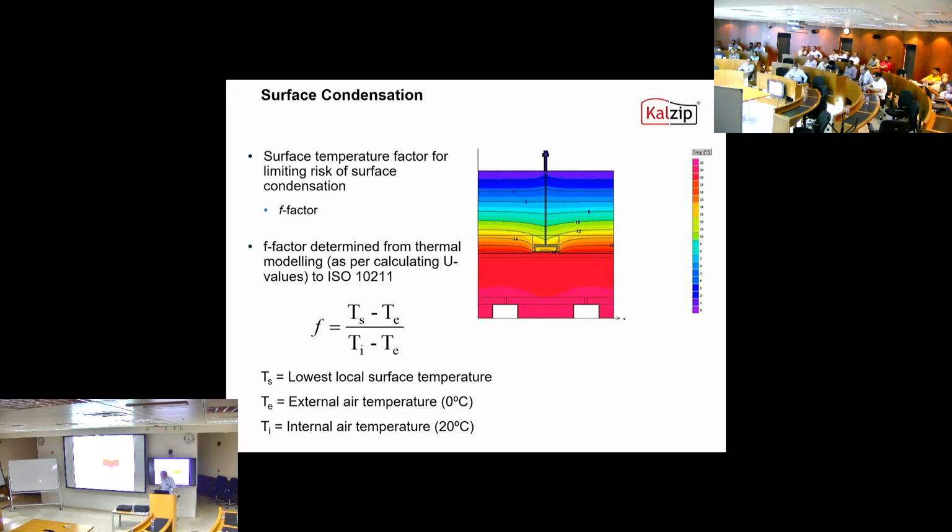This figure is the F factor, and we're trying to determine the risk of surface condensation forming on the underside of the construction. So it considers the surface temperature, the external air temperature, and the internal air temperature. We can change these and model the risk to determine whether surface condensation will form here.